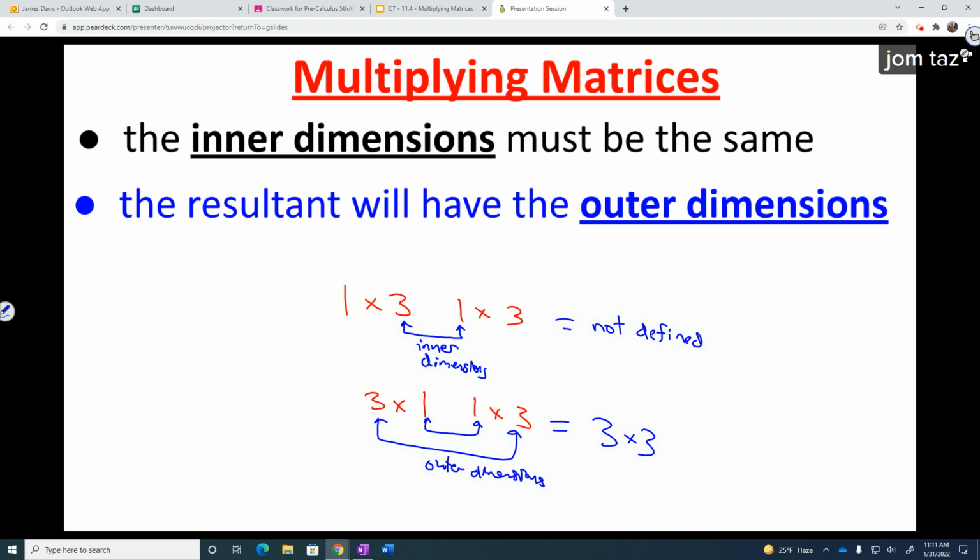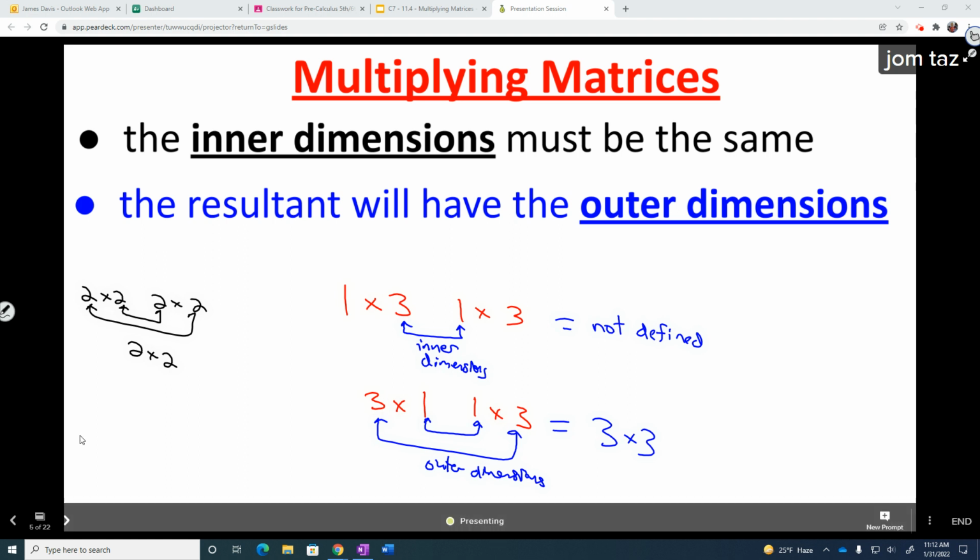When we did it on Friday on those Delta Maths, they were all 2x2s times 2x2s. That will always work, because those are the same, they're both 2, and then our answer was always a 2x2. So that was kind of a simplified version, where you didn't have to worry about if they work or not, because if you have two square matrices that are exactly the same size, then it's always going to work out.